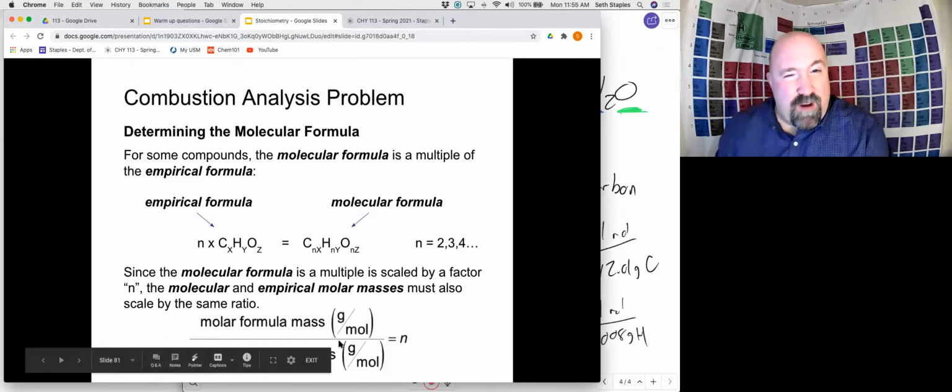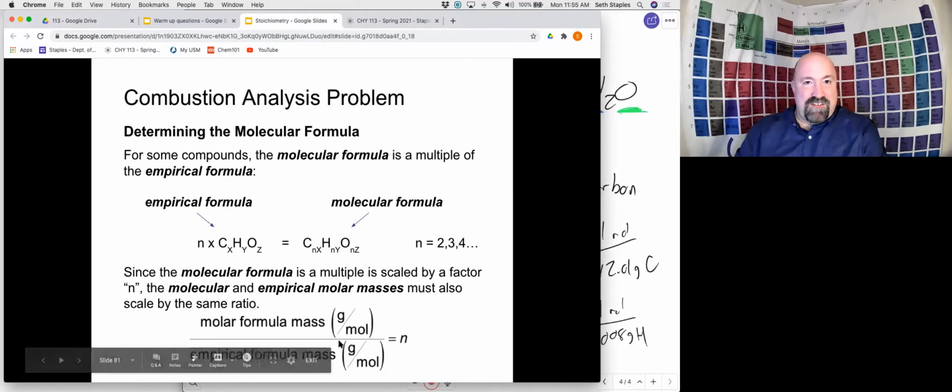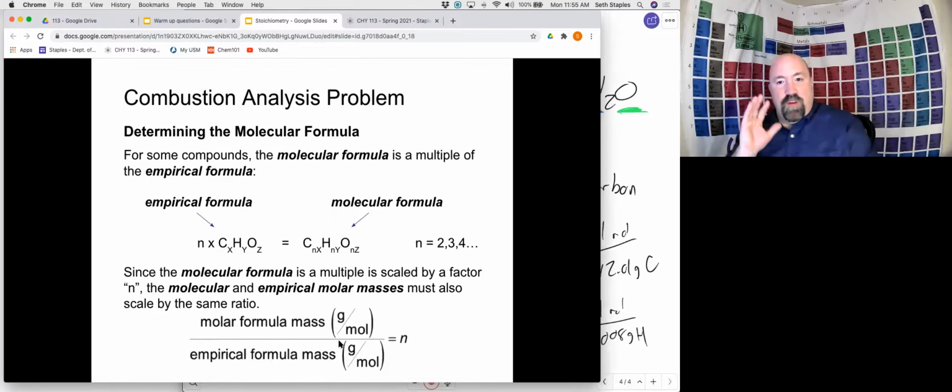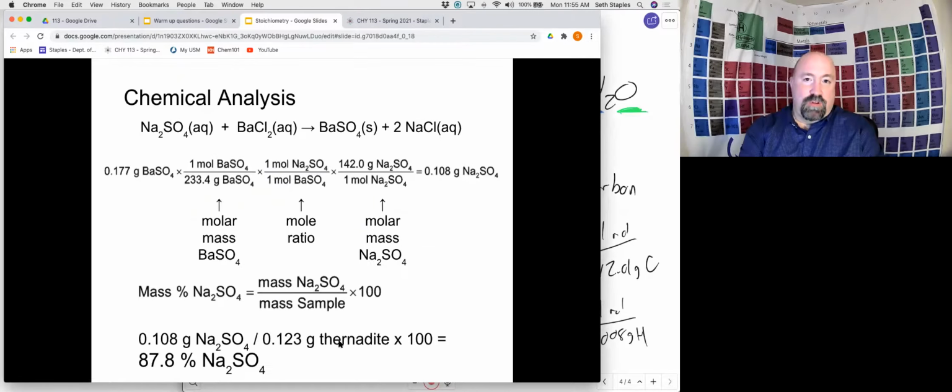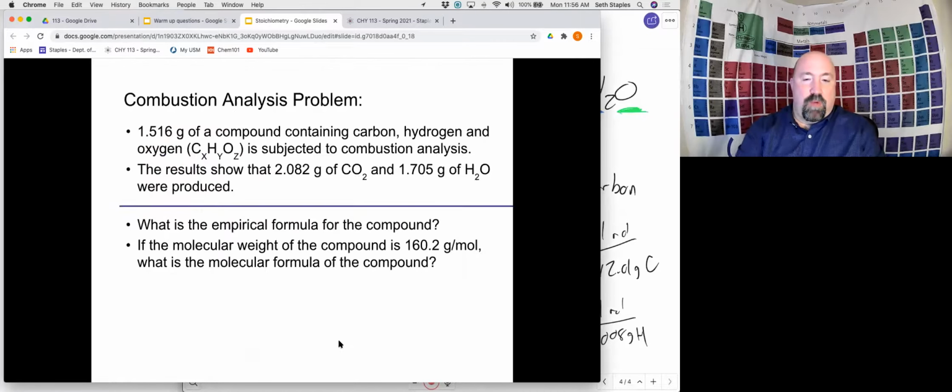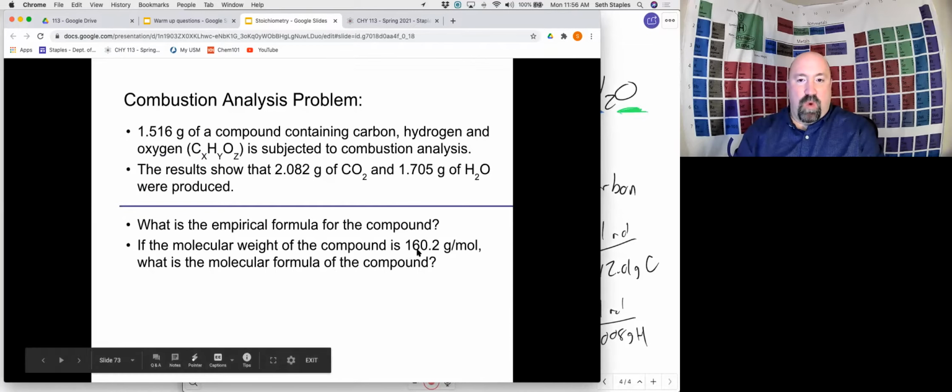If I remember right, we did this as well in the first unit, but the basic process here is that you want to take the molar mass of the entire compound that you were given. In this case, the molar mass of the whole compound was 160.2.